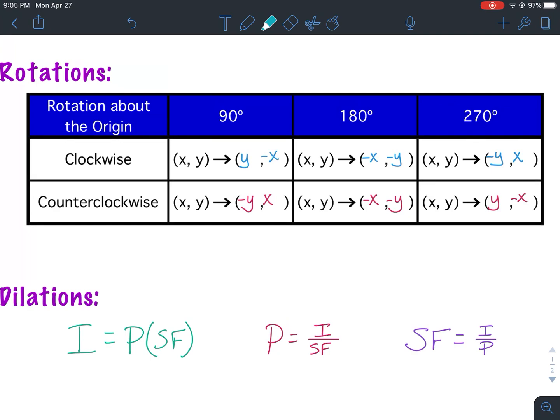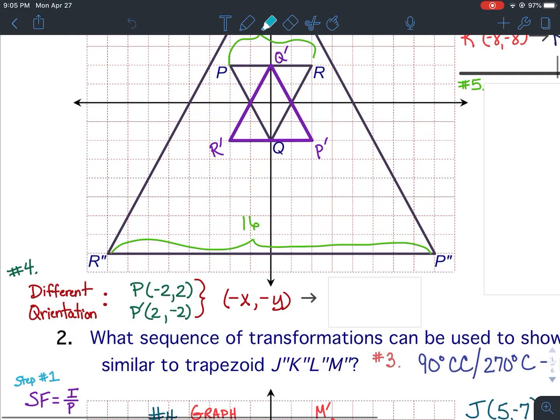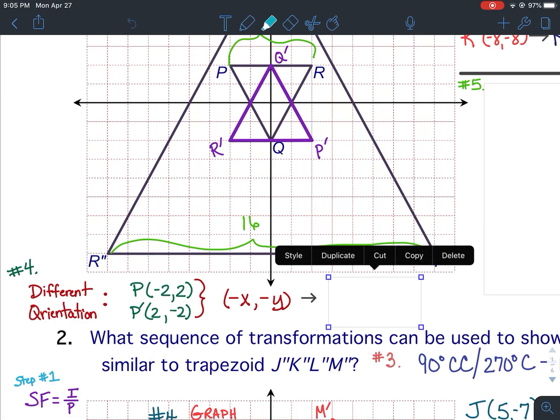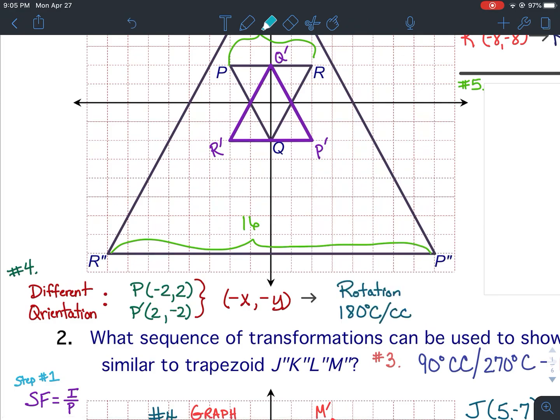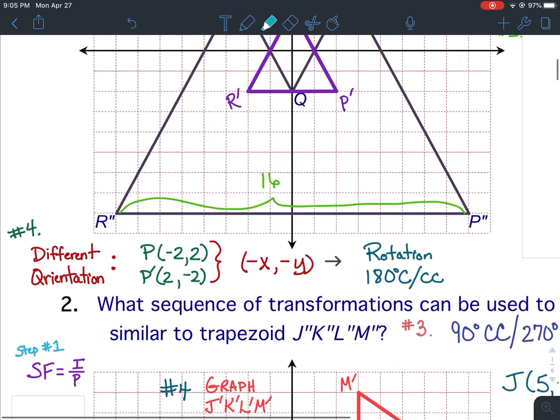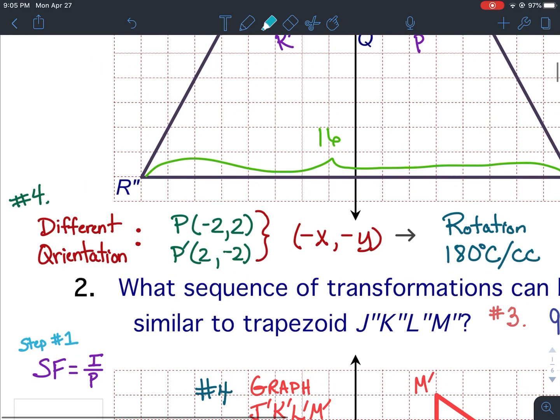I've got opposite of x, opposite of y here, opposite of x, opposite of y there. If you look above that, that's 180 degrees clockwise or counterclockwise. So that means my triangle rotated 180 degrees clockwise and counterclockwise. Okay, that's step 4. Pause your video, get all of that written down.